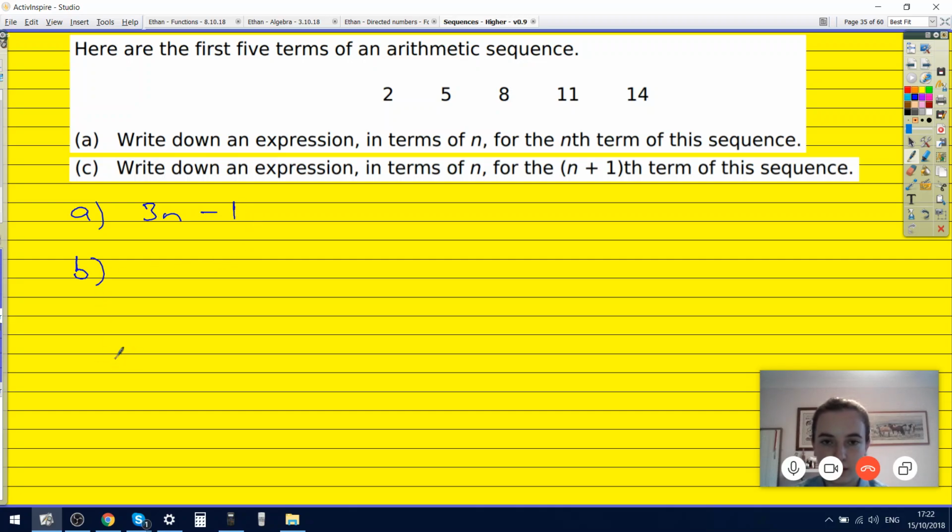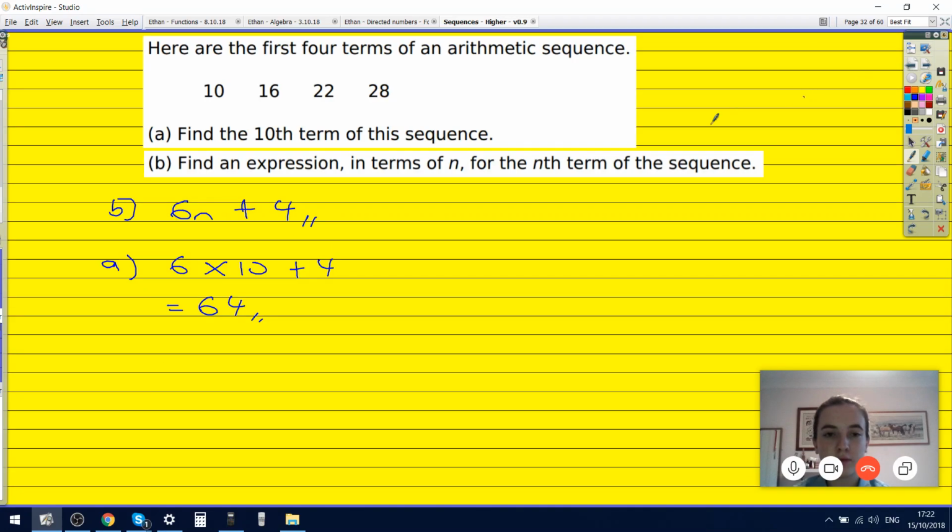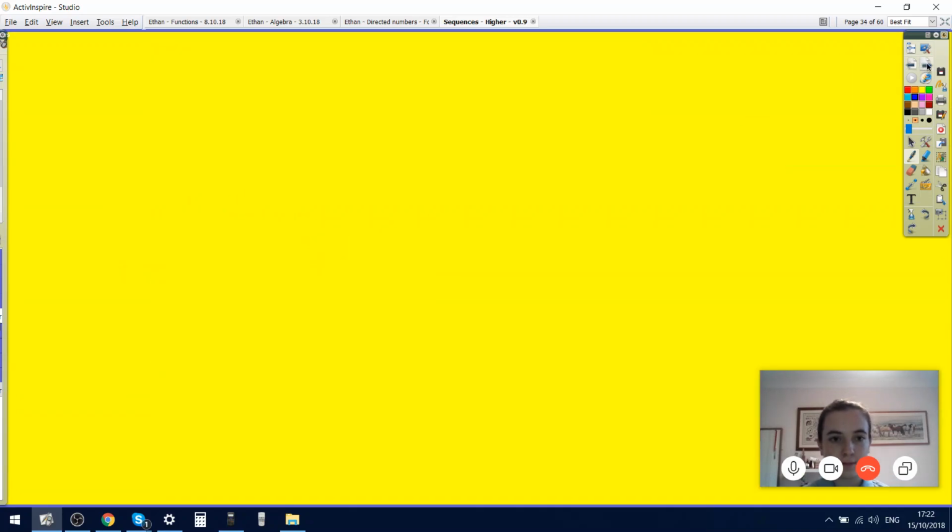And then 3, so just 3 and plus 1 minus 1. Yes. So it's basically, if it was the 10th term, like the previous one, we did 6, instead of 6n plus 4, it's 6 times 10 plus 4.